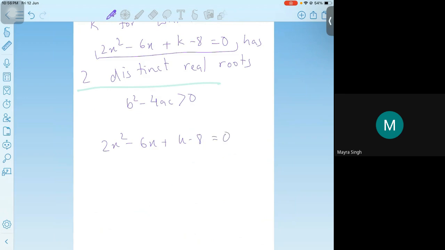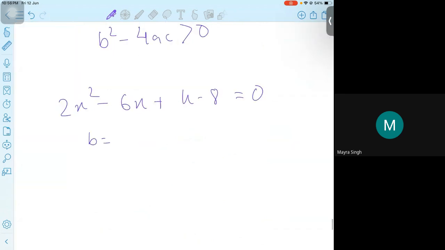So in this case, b is going to be negative 6, a is going to be 2, and c is going to be k minus 8. Why? Because this k is known to be a constant and not a variable. Since this k has no x with it or no other symbols with it, we're going to consider this to be a part of c, which is the constant.